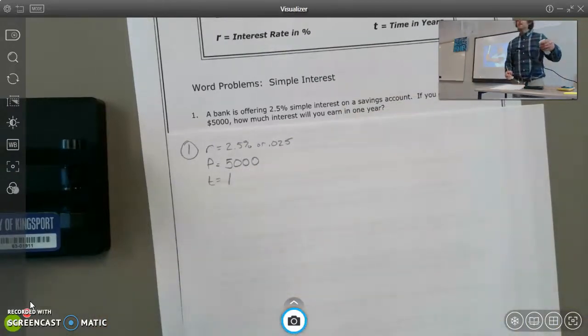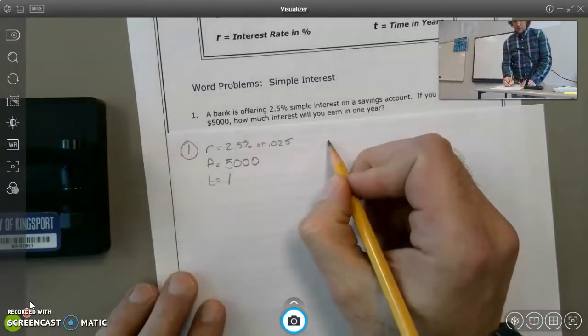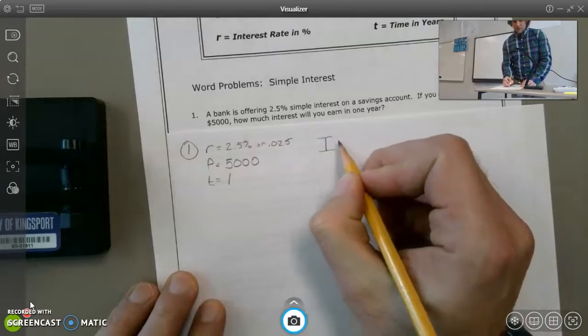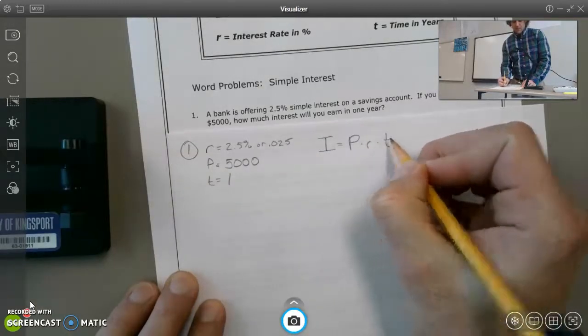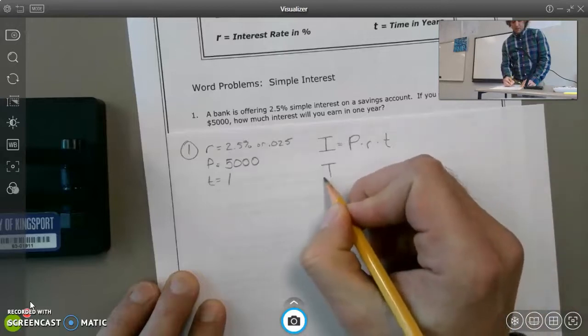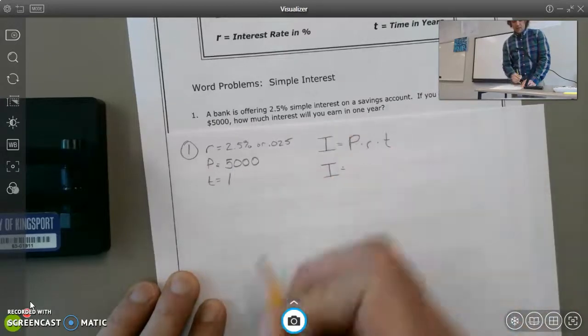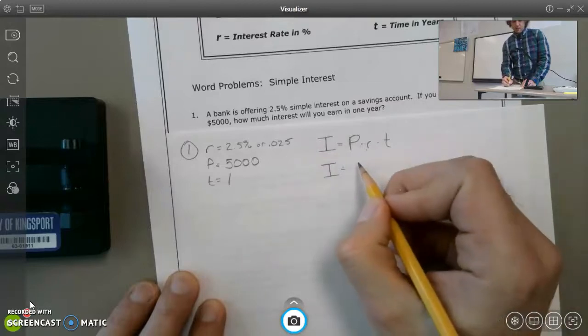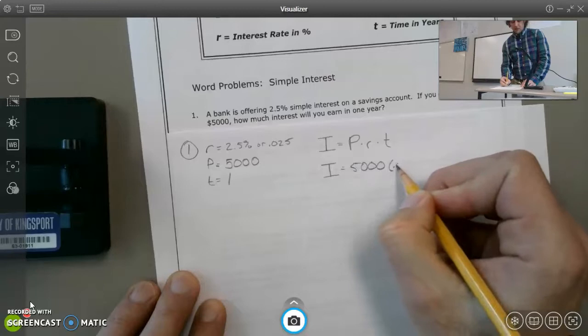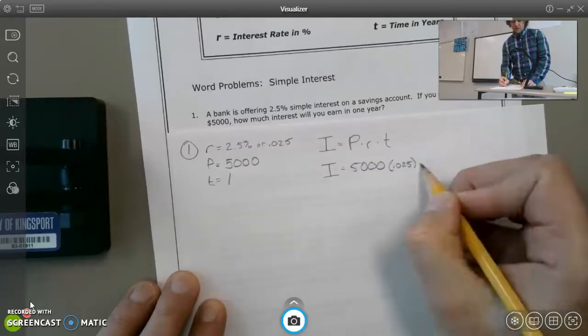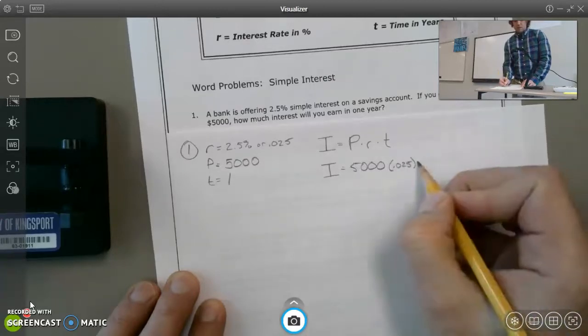So I'm going to grab my calculator. Well, actually, I want to write this out as an equation. I'm going to put interest is equal to principal times rate times time. And I'm just going to input these numbers in for the variables. Interest is equal to $5,000 times 2.5% times 1 year. So we're really not multiplying by anything.